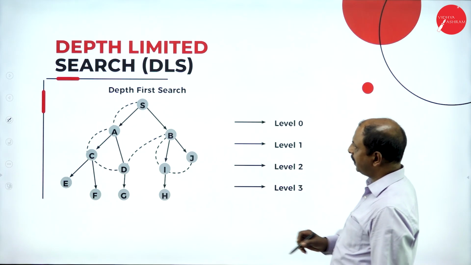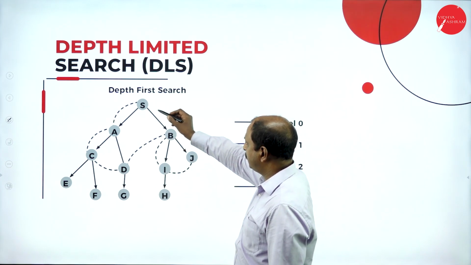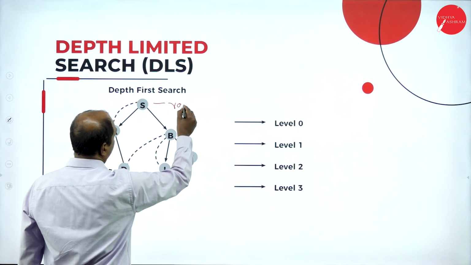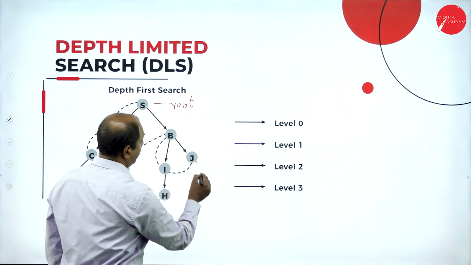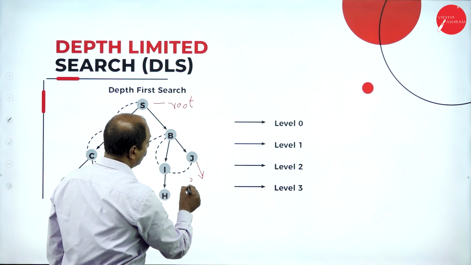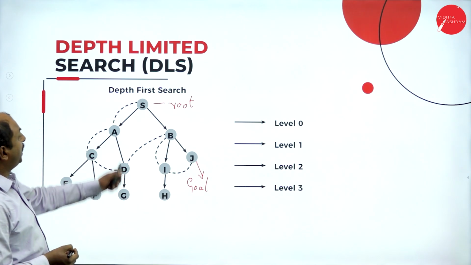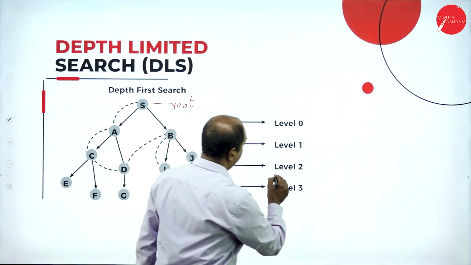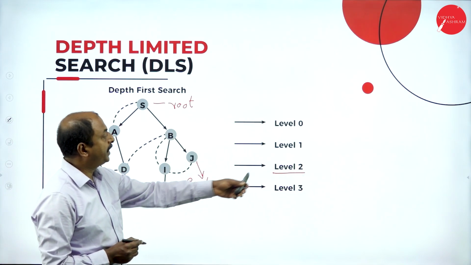In this example, as we have seen in the previous slides, this is the diagram. S is, as usual, the root, and suppose we say let J be the goal node. To reach the goal node, we have the limit set, for example, limit 2 or level 2, set by the algorithm.